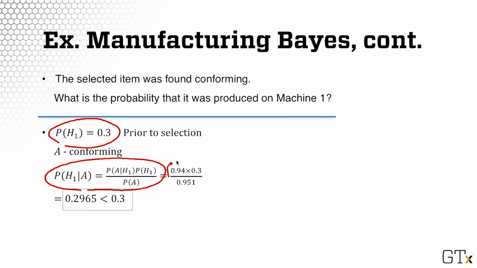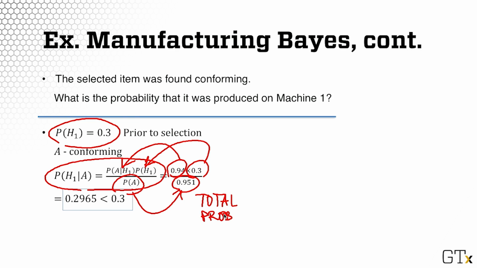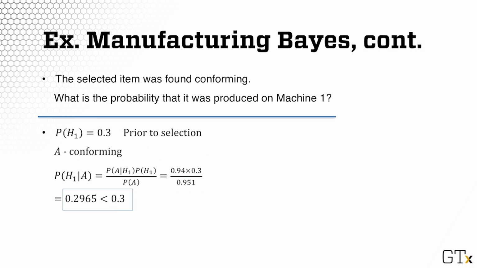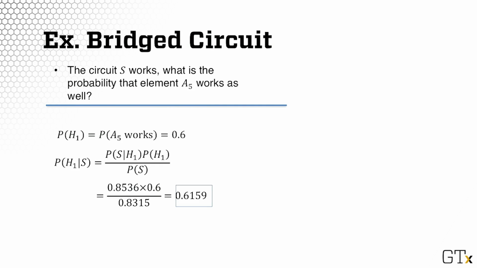This is the probability of conforming on machine 1. This was the probability of hypothesis H1, and this probability was found as total probability. So when you do the algebra, you get that the probability of an item produced on the first machine, given that it is conforming, is a little bit less than 30%, 29.65%.